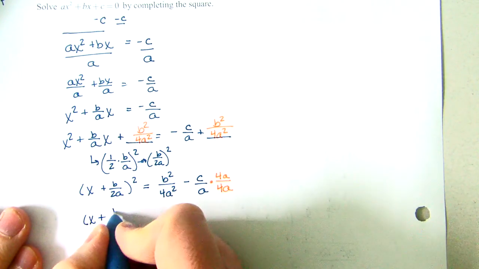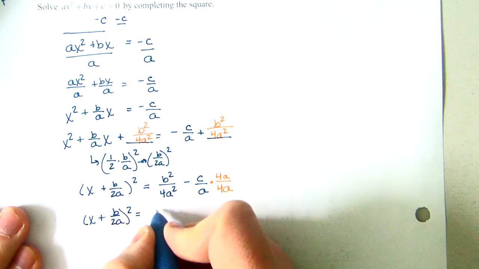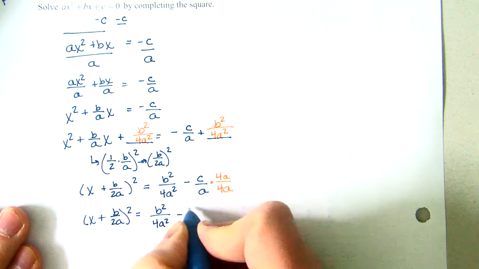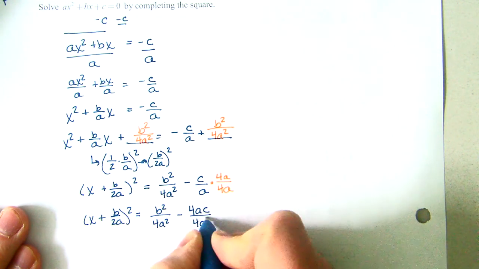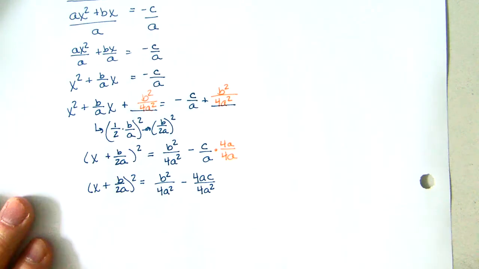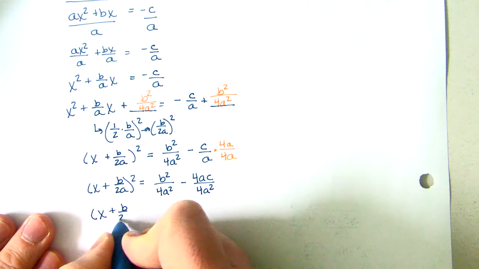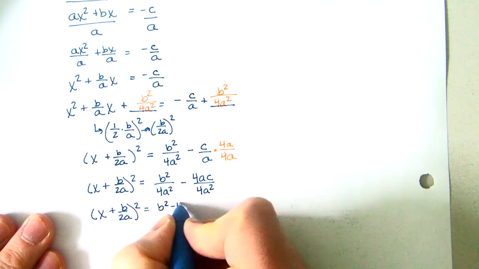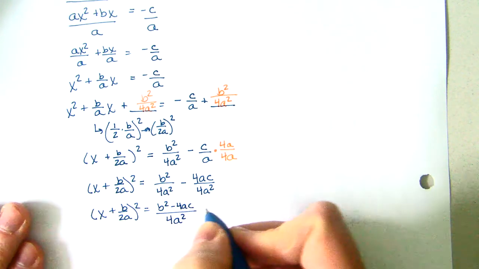This gives me x plus b over 2a squared equals b squared over 4a squared minus 4ac over 4a squared. I now have a common denominator, so I can go and subtract those. x plus b over 2a squared equals b squared minus 4ac over 4a squared.